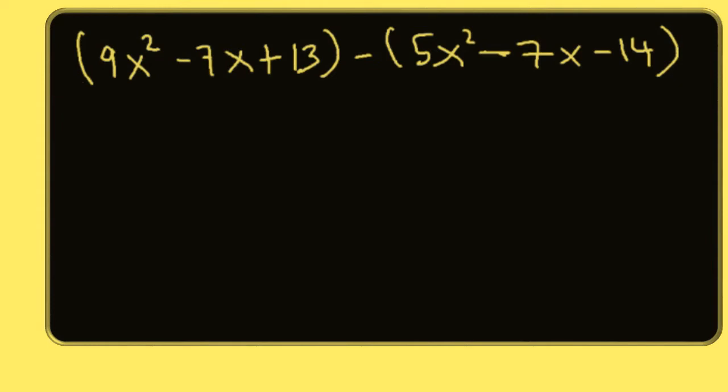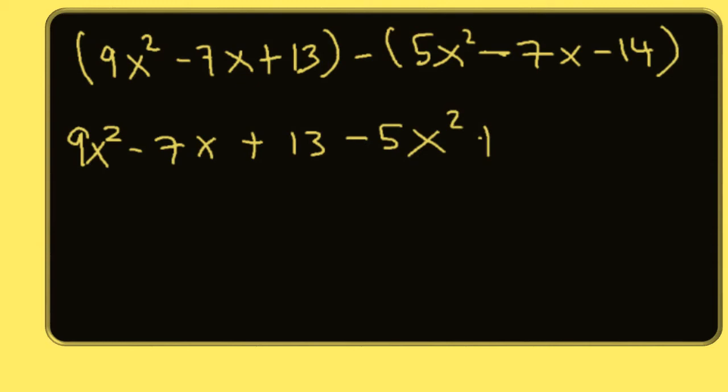If there is no number in front of the first group, you just rewrite it as 9x squared minus 7x plus 13, and then if we distribute the negative sign to the other three terms, it's going to be negative 5x squared plus 7x plus 14.